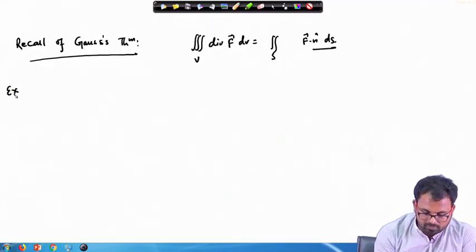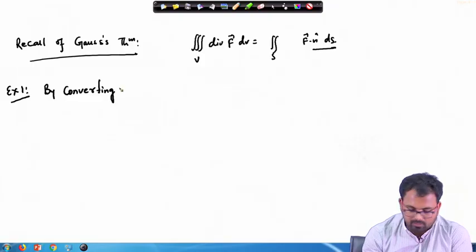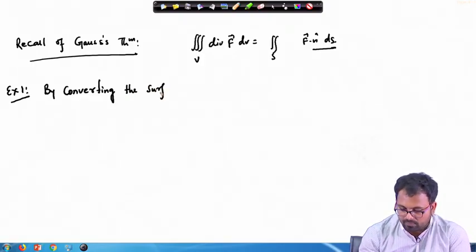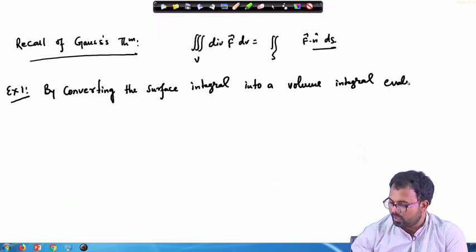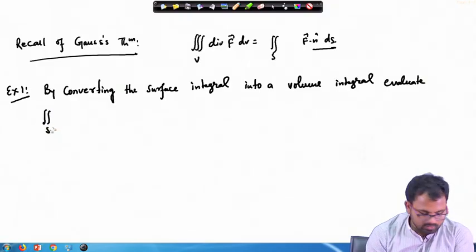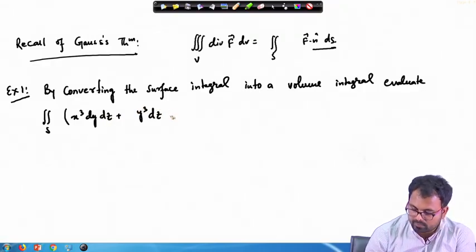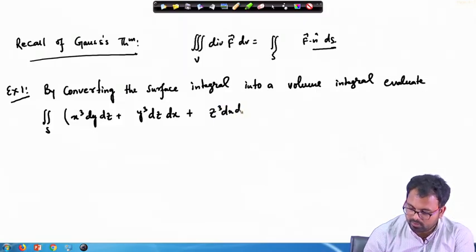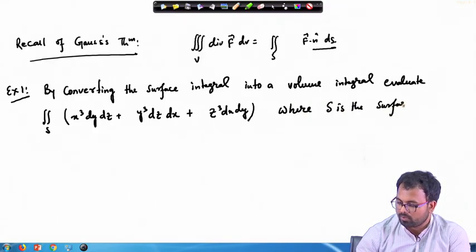The first example for today: by converting the surface integral into a volume integral, evaluate the surface integral over S of x cube dy dz plus y cube dz dx plus z cube dx dy, where S is the surface of x square plus y square plus z square equals 1.